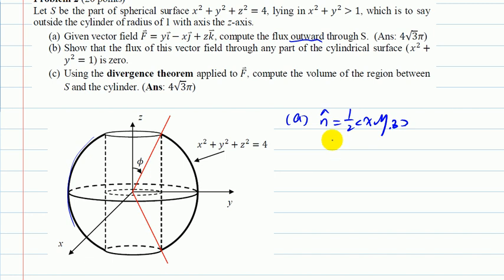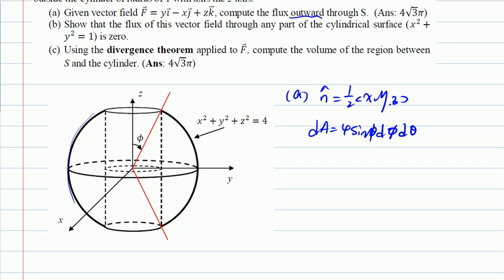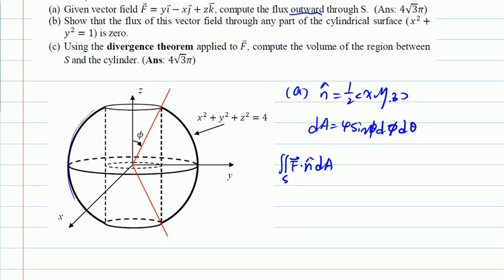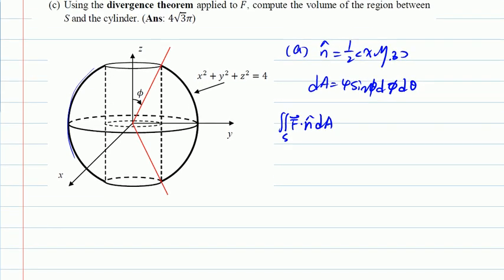Then dA is 4 sine phi d phi d theta. Use the spherical coordinates properly, putting in this n hat and dA for S, and everything should be good.